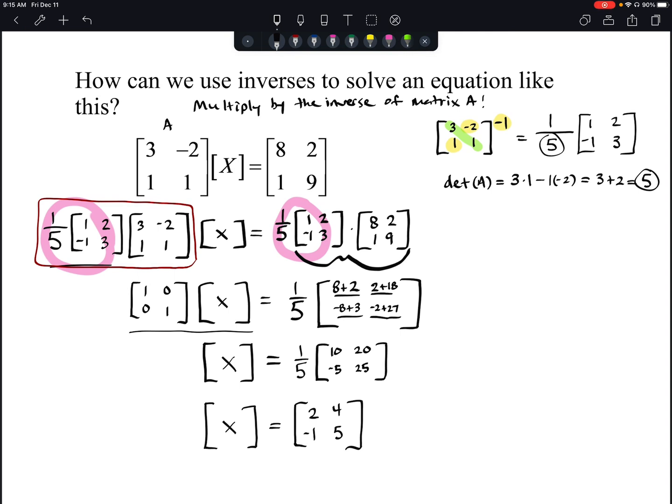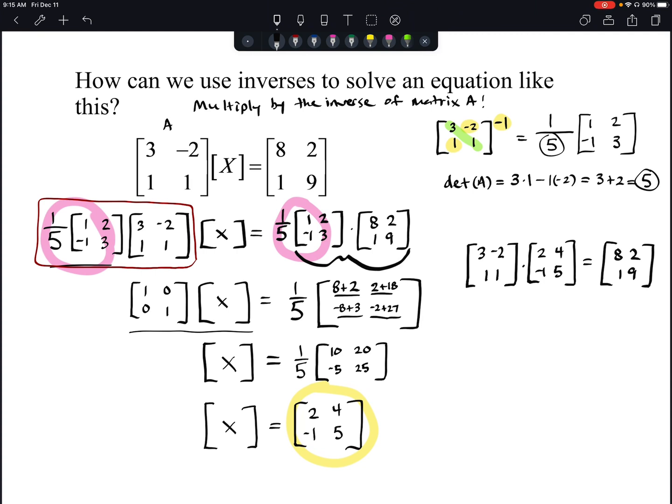Just to sum it up, if I was to do this original problem, we had 3, negative 2, 1, and 1, and I multiply it by this 2 by 2 matrix that we just found, 2, 4, negative 1, and 5, it should end up equaling that 2 by 2 matrix where we've got 8, 2, 1, and 9.